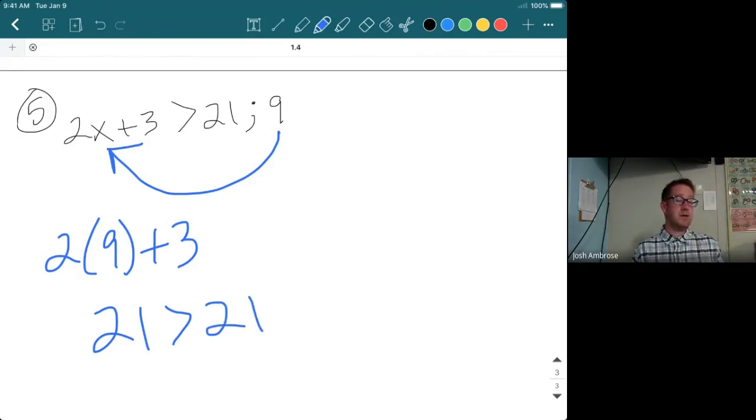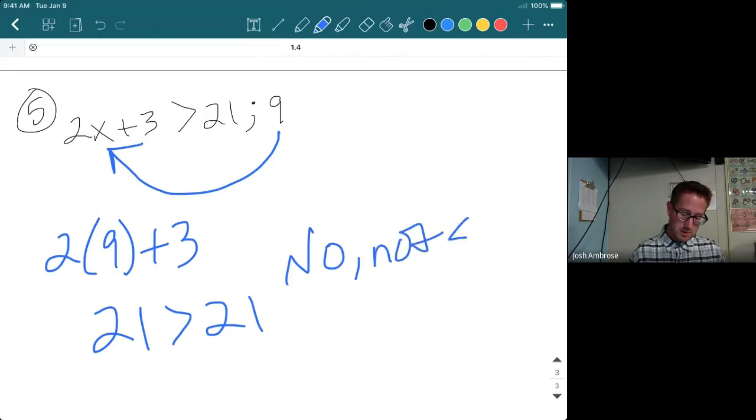Is 21 greater than itself? No, it's not. So this technically, because 21 is not greater than itself, you say no, not solution. Okay? Now, the only way this would have been a true statement is if it said 21 is greater than or equal to 21. Then you could say yes, but it didn't. It just says greater than.